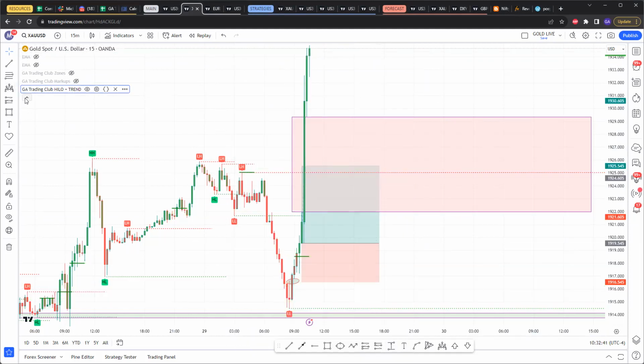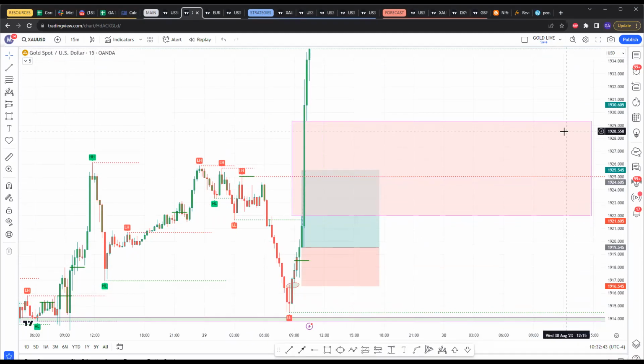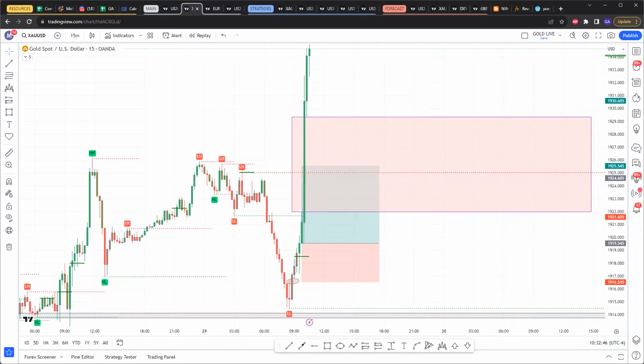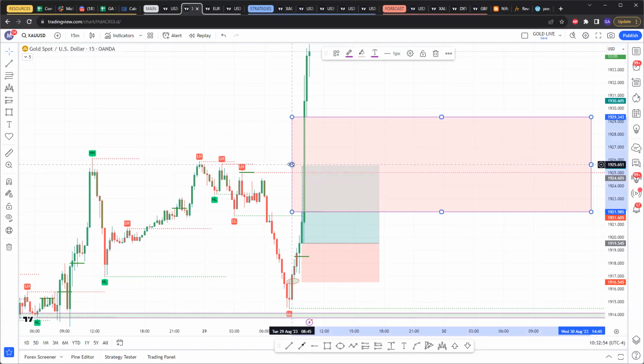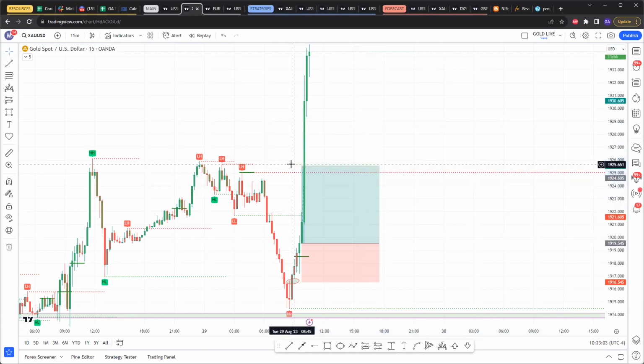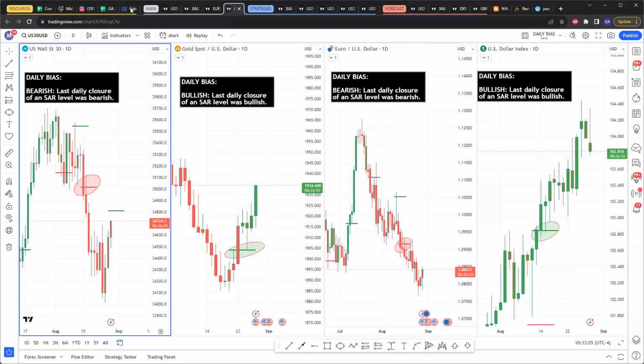It means that before they push the price up, they need to push the price down first. So they put orders to push the price down, and after the price goes up, they have orders left in drawdown and need to come back, and that's what we call mitigation. Sometimes it can take hours, days, even weeks, but then price comes back and closes these orders which are in drawdown.